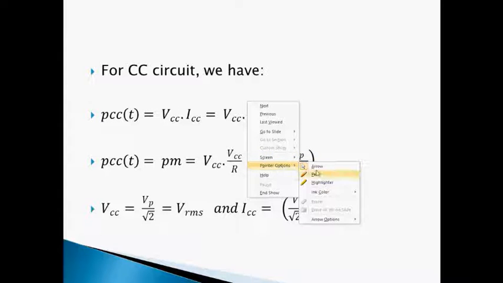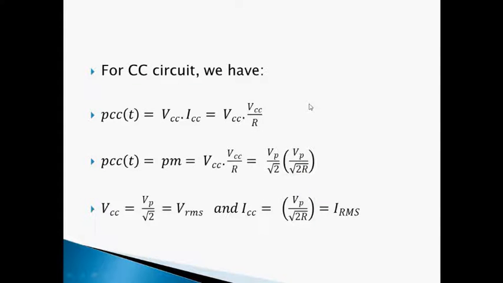So, if we have a DC circuit, the power is Vcc, the continuous voltage, multiplied by the continuous current. This continuous current is equal to Vcc divided by capital R. So we have this expression for the DC circuit.